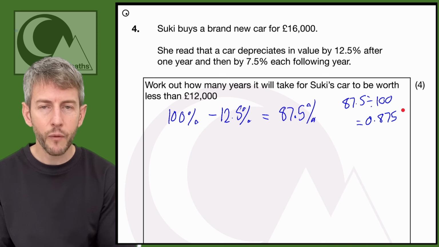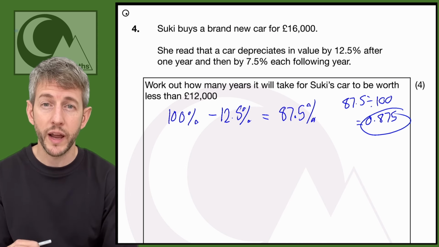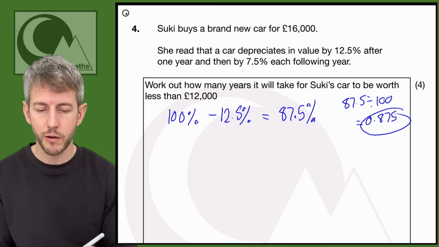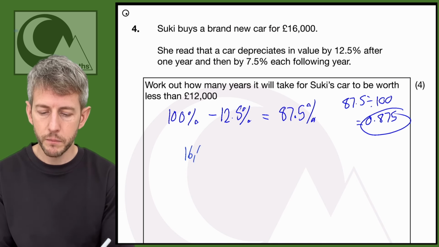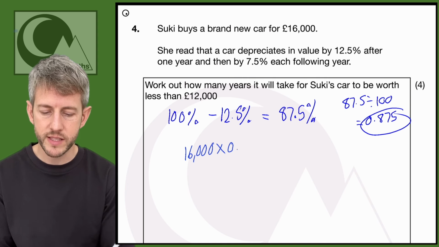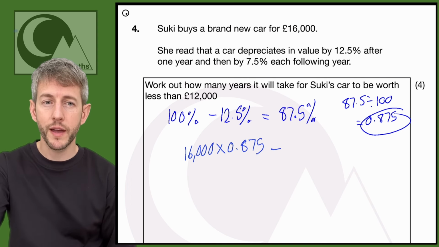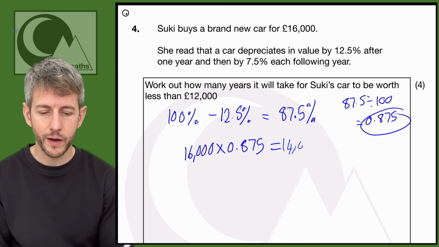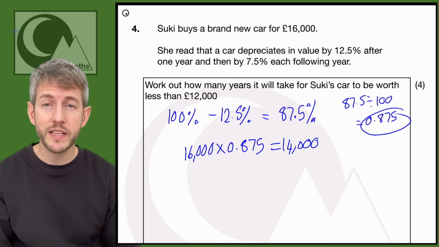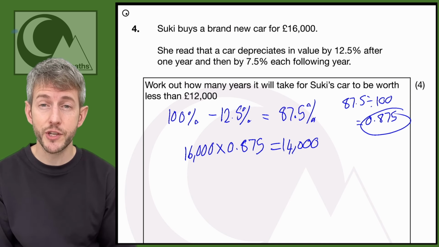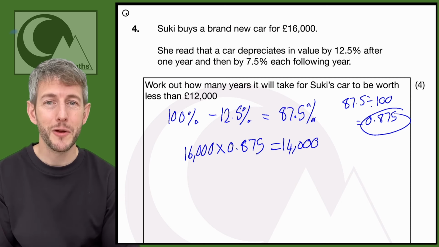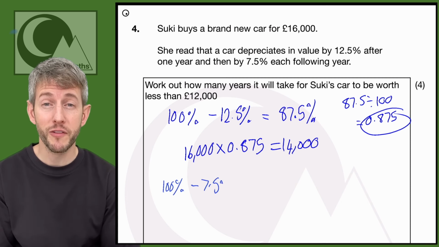And now I know anything I multiply by 0.875 is going to be reduced by 12.5%. So I'm going to just do 16,000 multiplied by 0.875. Right, okay. I'm going to work this out because we're going to need that number. And that equals 14,000. Now what I know is for the next 2 years, I'm going to have to reduce this £14,000 by 7.5%. So 100% minus 7.5% equals 92.5%.